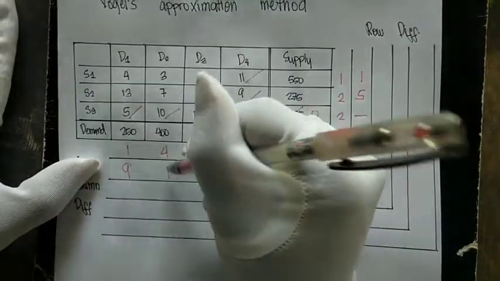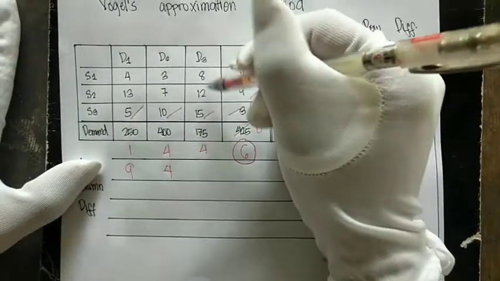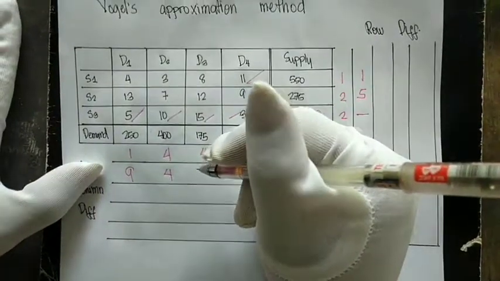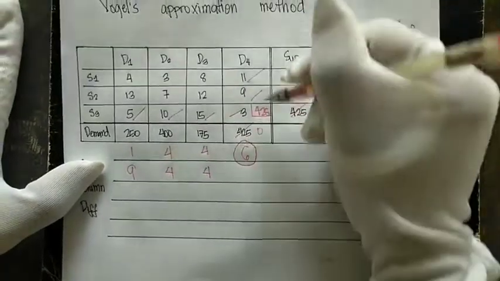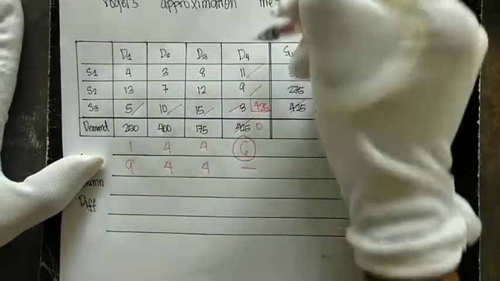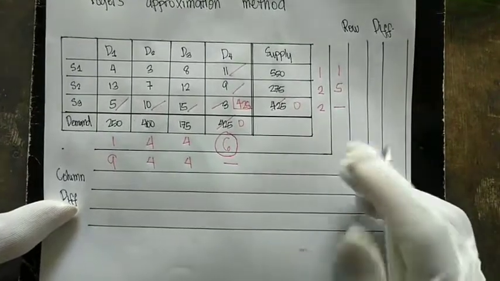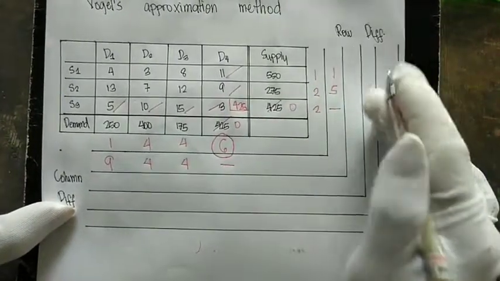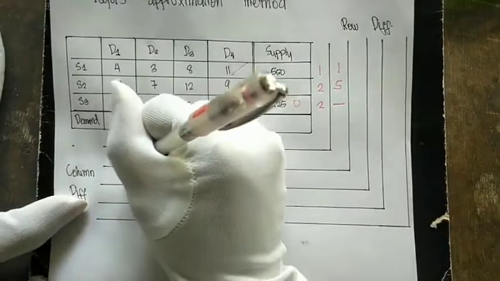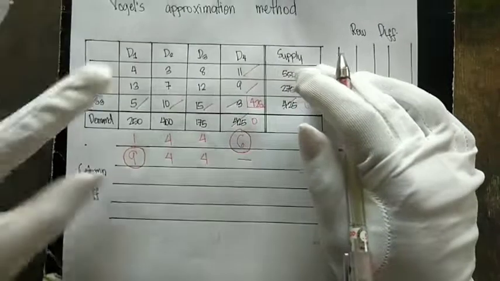Our second row we will also get 4, and 8 and 12 we will get 4. Our last column will be cancelled since it was cancelled out. So we will identify the largest value. The largest value is seen in column 1, which is 9. So this will be our first allocation.